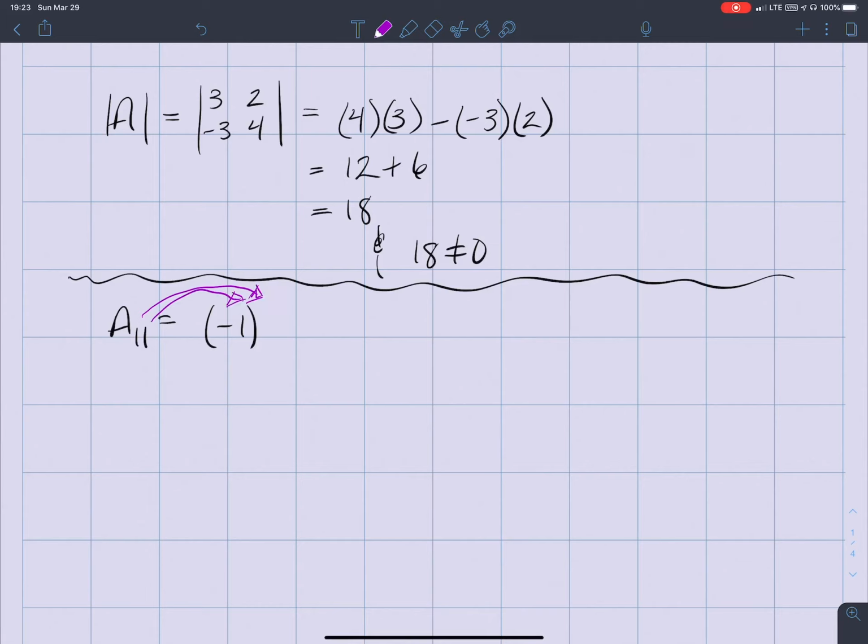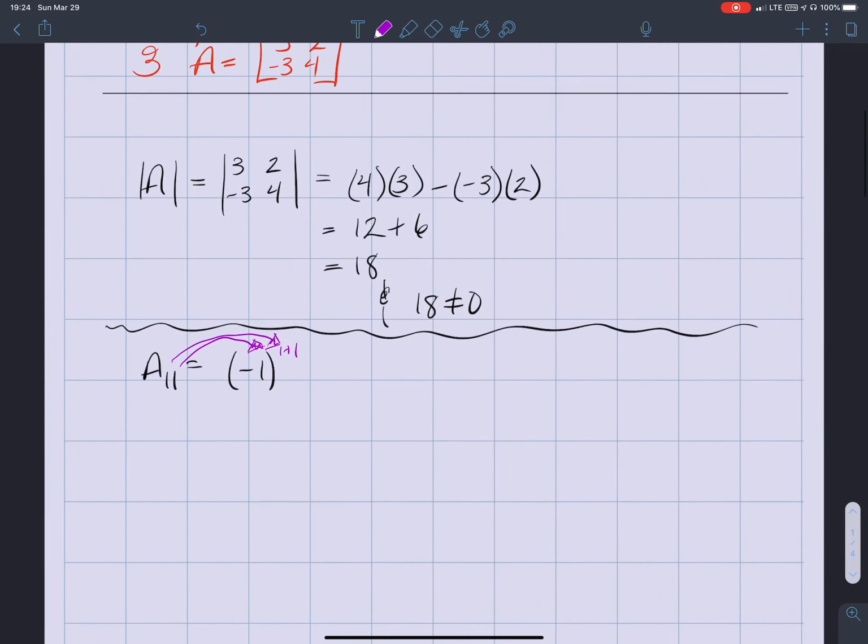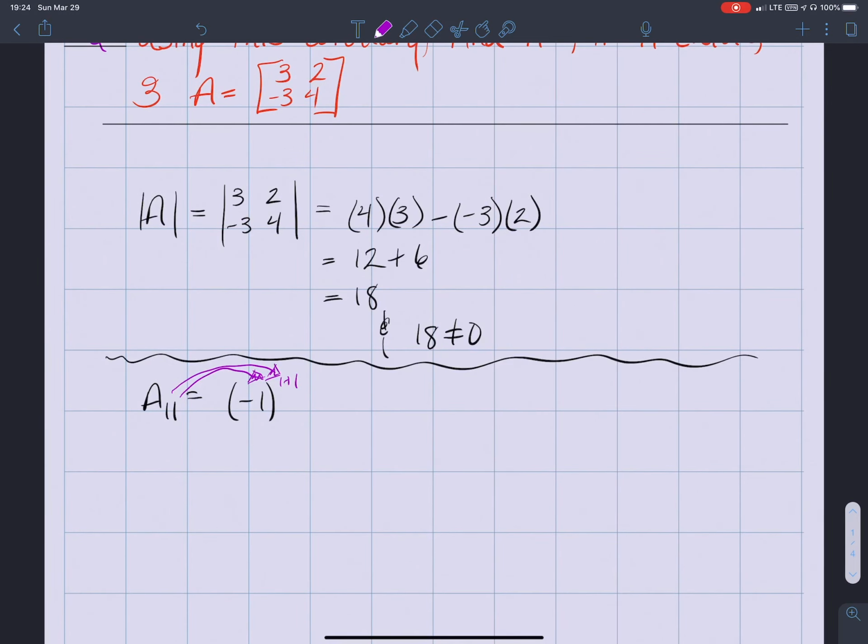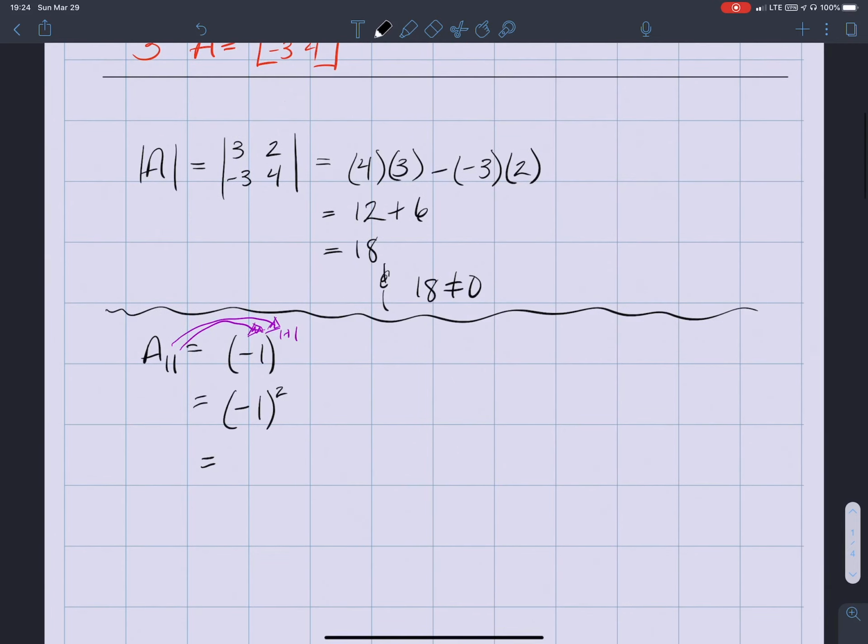Here it is 1 plus 1, and something kind of cool happens. This is going to be -1 to the second power, and this is going to be positive, so we can just put a positive.